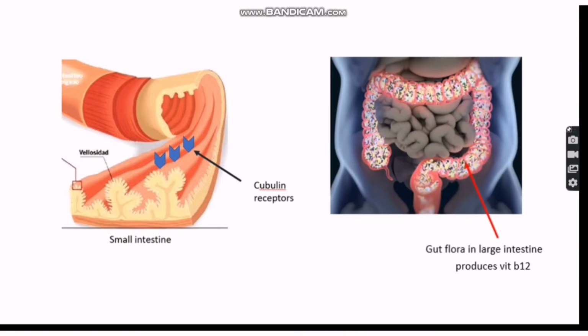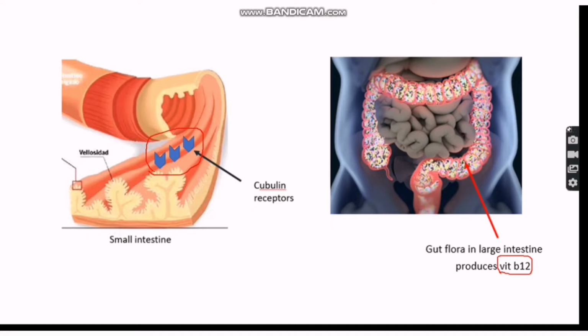As I've told you, the gut flora are the good microorganisms, good bacteria that are present in our gut, in the large intestine. The microorganisms which harbor in the large intestine produce vitamin B12, whereas the receptors that bind to vitamin B12 and aid in its absorption are located in the small intestine.